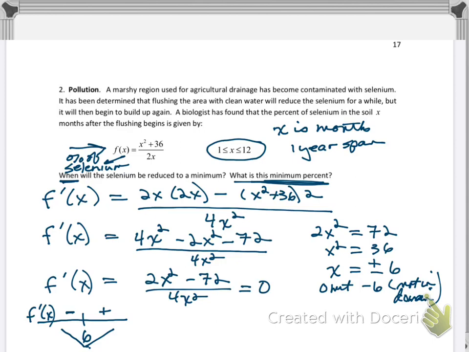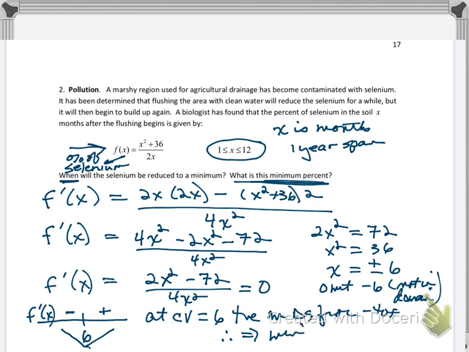At CV equals 6, so this is month 6, the slope changes from negative to positive, and therefore that gives us a min.